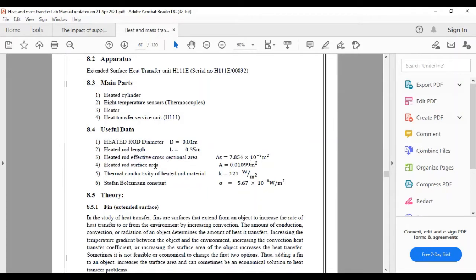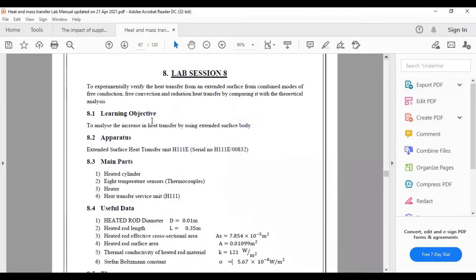The heated rod surface area is also there, so there are two types of area: one is the cross-sectional area and the second is the surface area. The thermal conductivity of the heated rod is given, because it changes with heat. And we also know from the literature the value of the Stefan-Boltzmann constant. So these are all the values which are given.